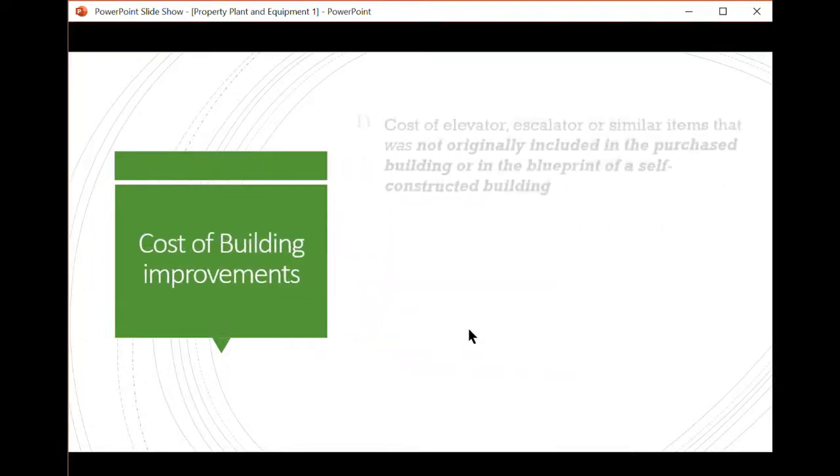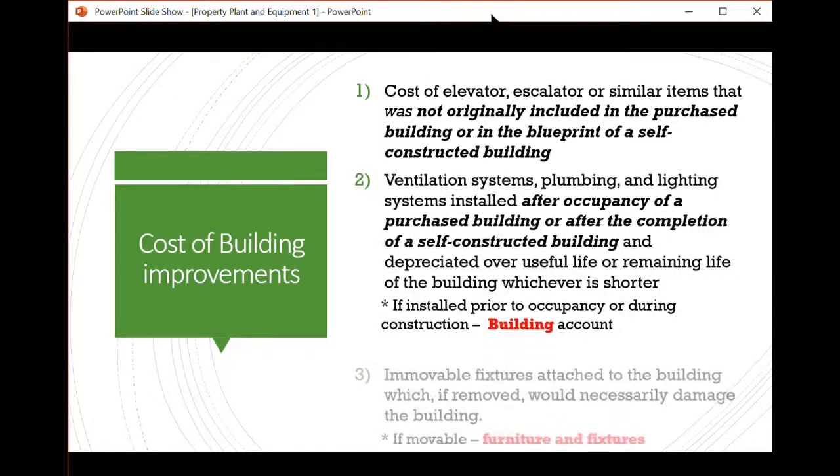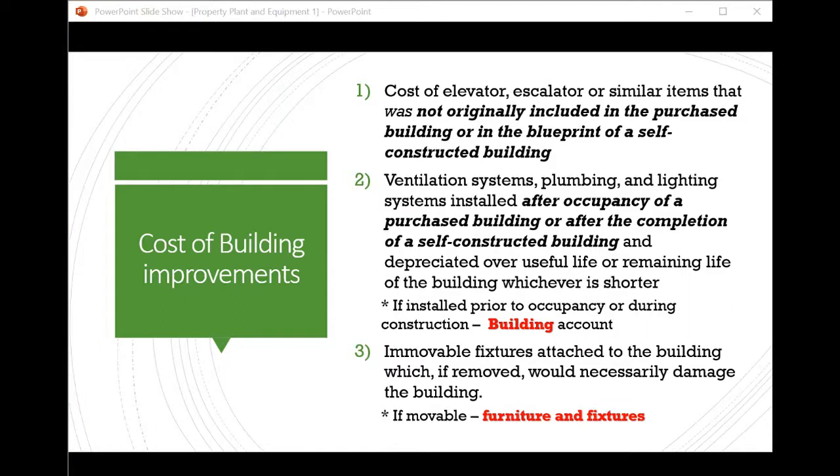So what will be the cost of the building improvements? So the cost of the elevator, okay, cost of elevator, escalator, or similar items that was not originally included in the purchased building or in the blueprint. Okay, again, kung wala na siya na-apil sa imuhang blueprint, so that's a building improvement.